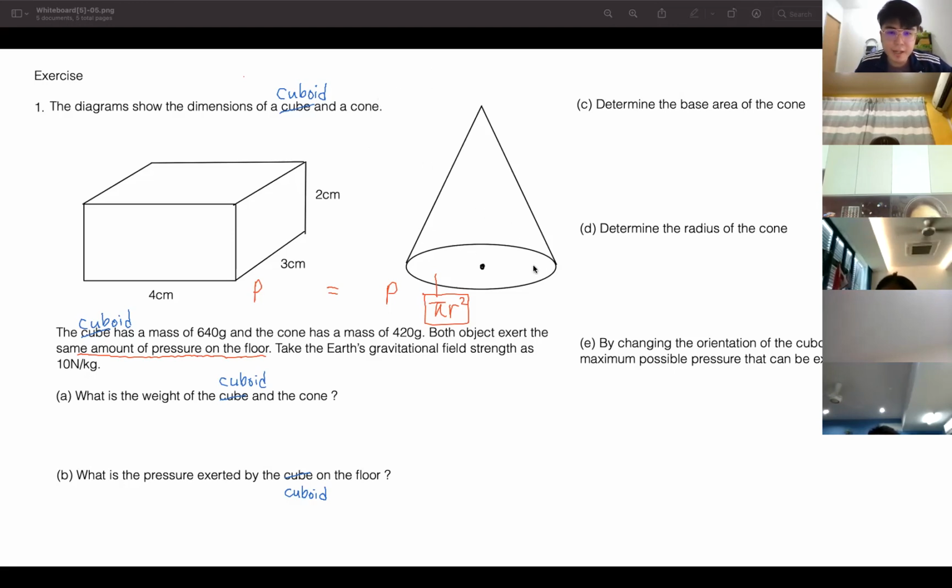So if you want to find the area of this thing, this is pi r squared, right? This part is pi r l. The l is the slant height, the slant height over here, not the center height. Okay, when you do the geometry, you will learn about this. You calculate the volume and area of different shapes.